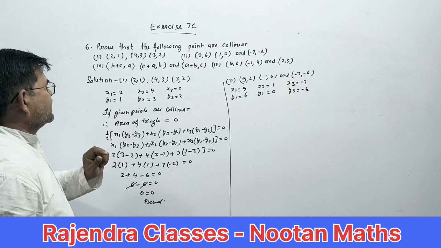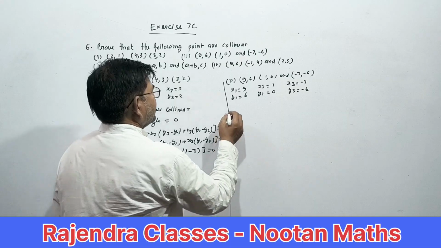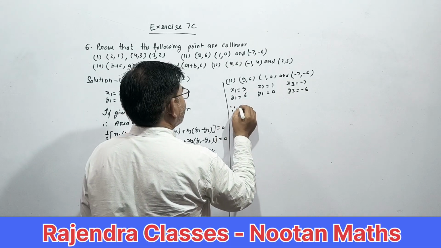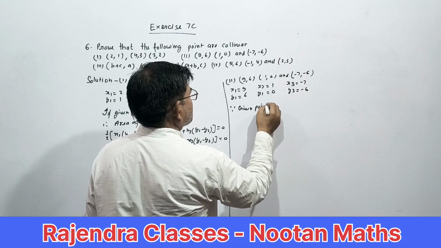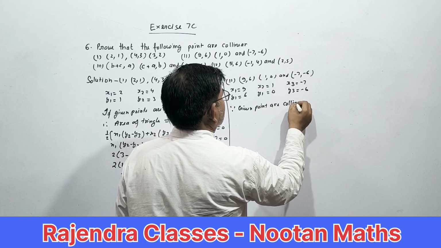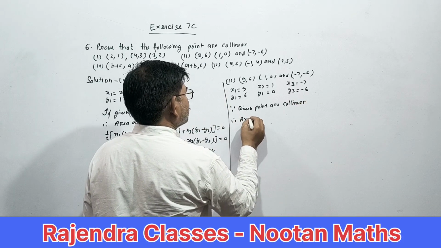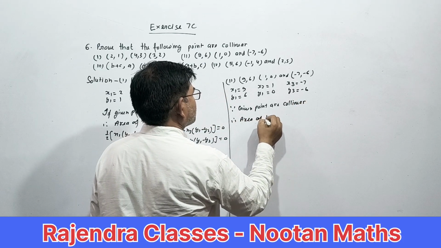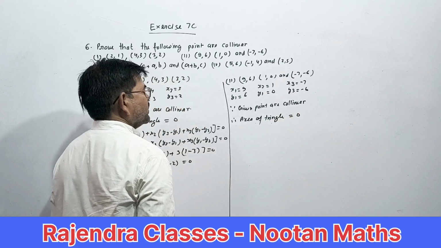If given points are collinear, then area of triangle is equal to 0.